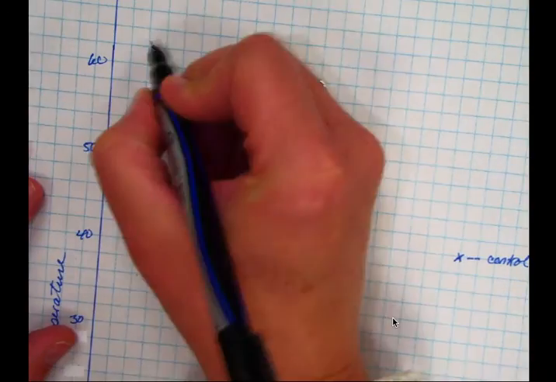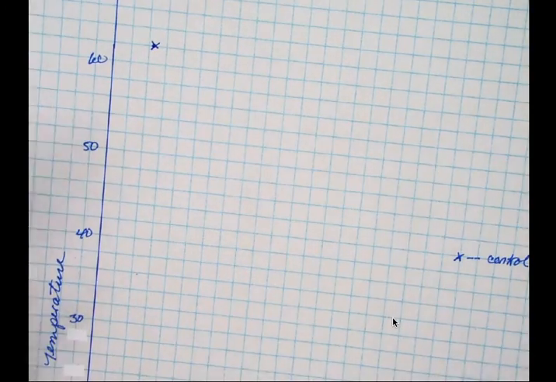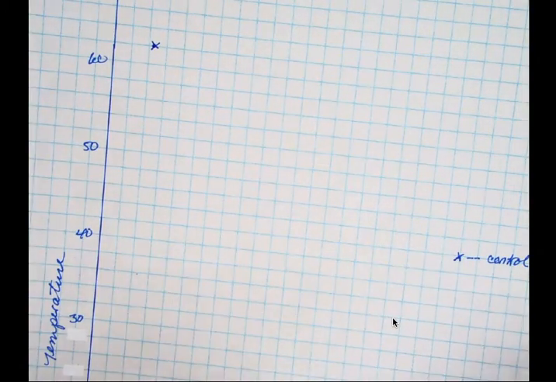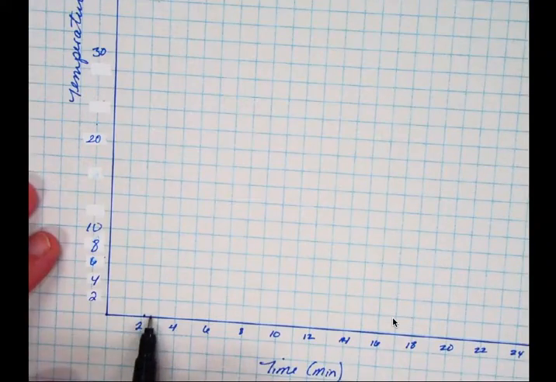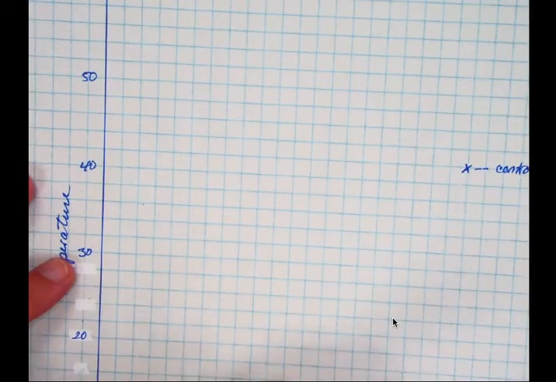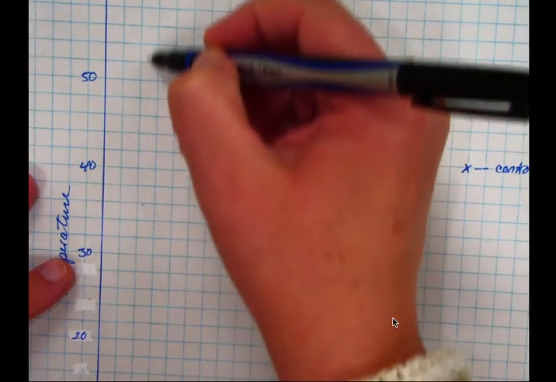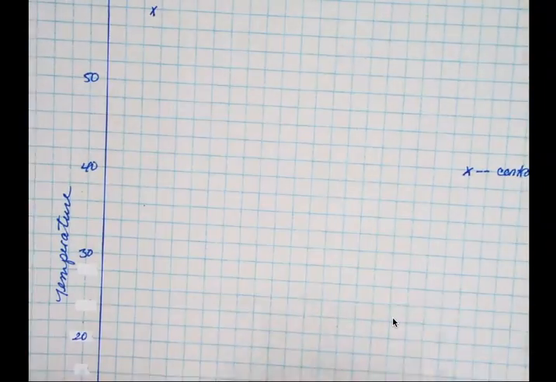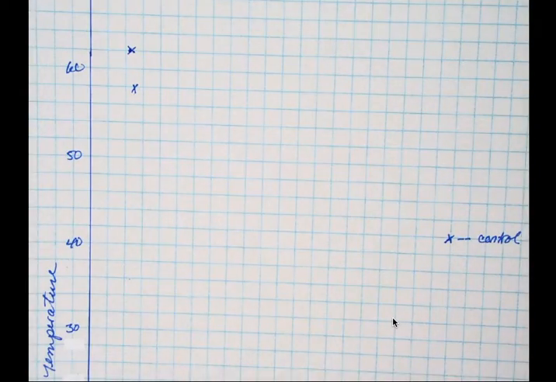Make an X. Then at 2.5, I'm at 58. So 2.5 is halfway through, up, 58, make an X.